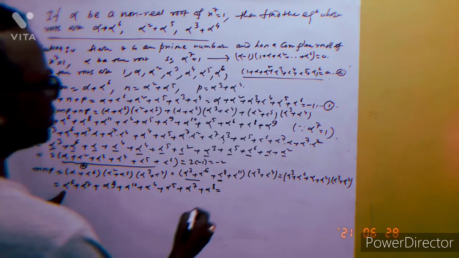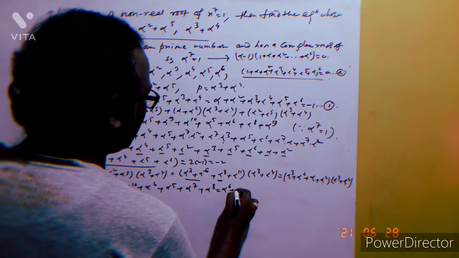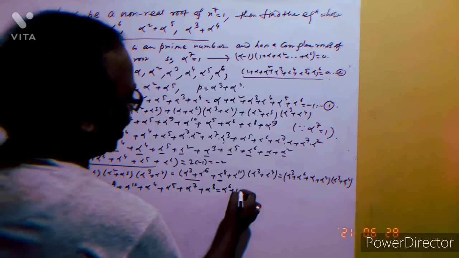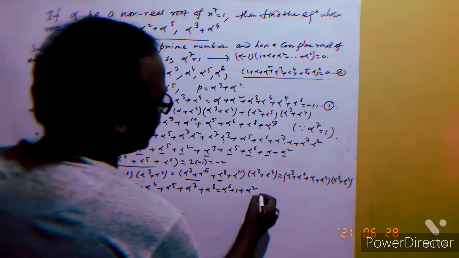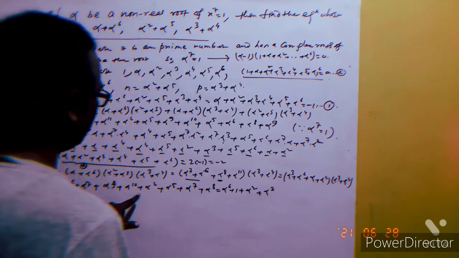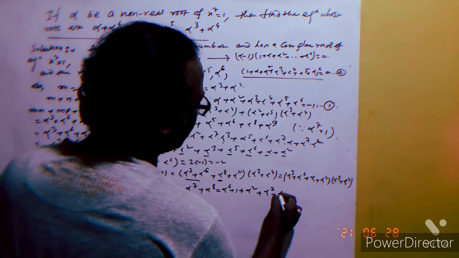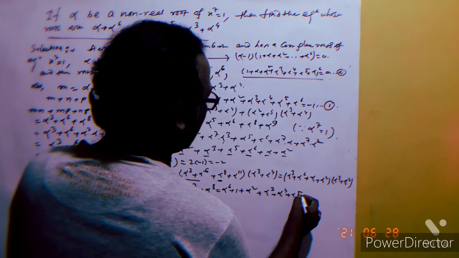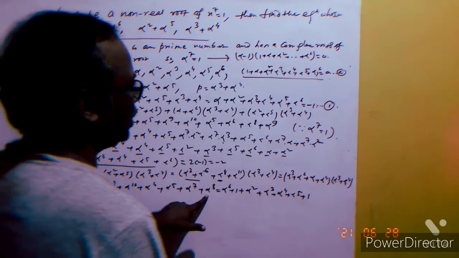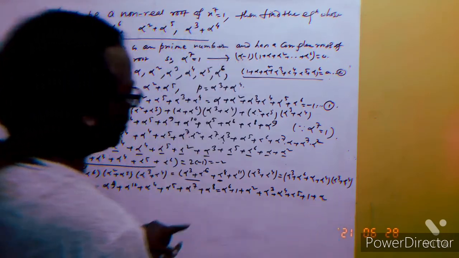Alpha to the power 6, alpha to the power 7 is 1, alpha to the power 9, this is square, 7 plus 2, alpha to the power 10, this is alpha cube, this is here alpha to the power 4, this is here alpha to the power 5, and this is 7, here is 1, and alpha to the power 8 means alpha.